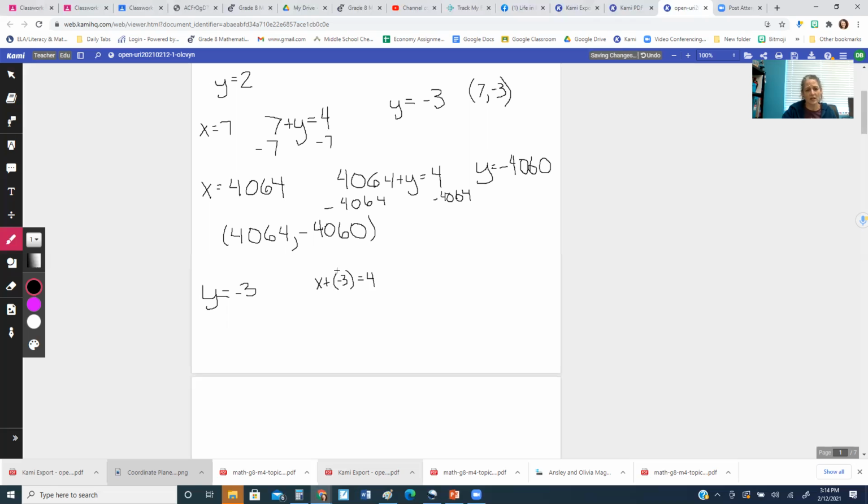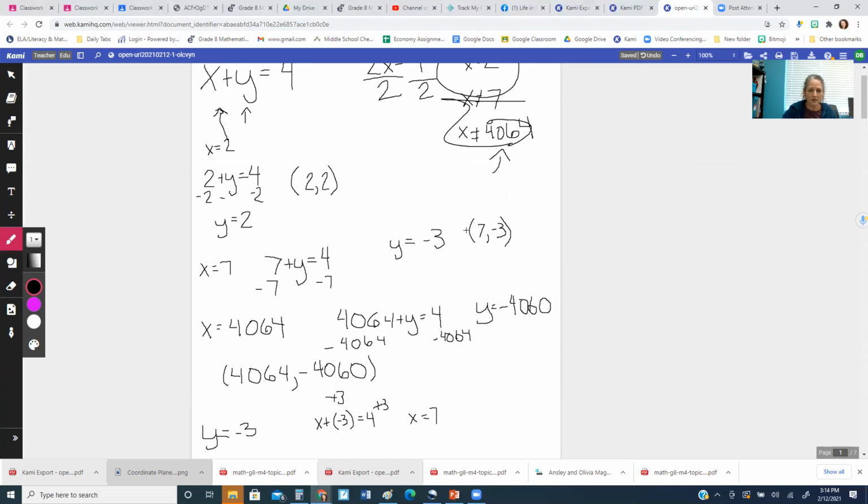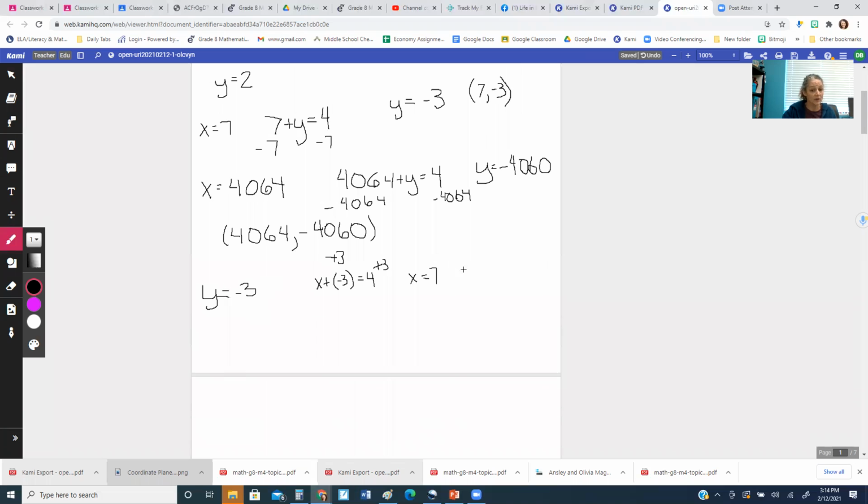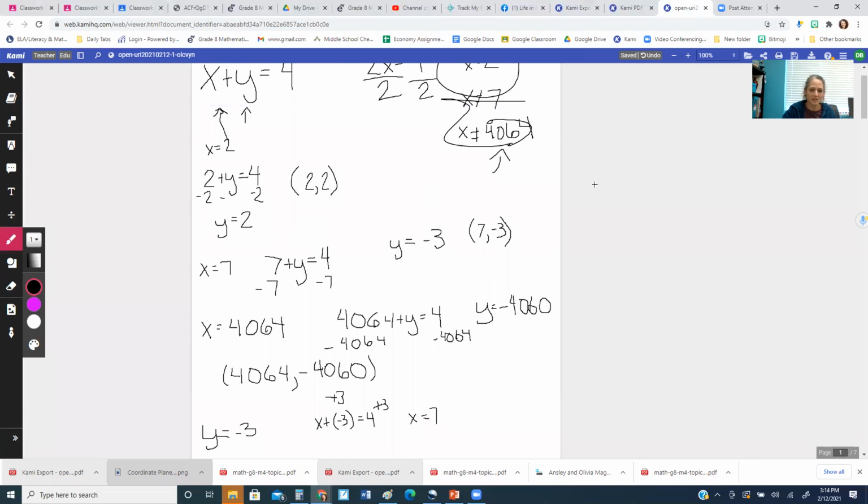So I can either subtract negative 3 from both sides, or I can recognize that adding a negative is the same as subtracting, so subtracting a negative is the same as adding. So I'm going to add 3 to both sides, and x is 7. When y is negative 3, x is 7. And when x is 7, y is negative 3. That's a clue that we did it right if they equal each other.